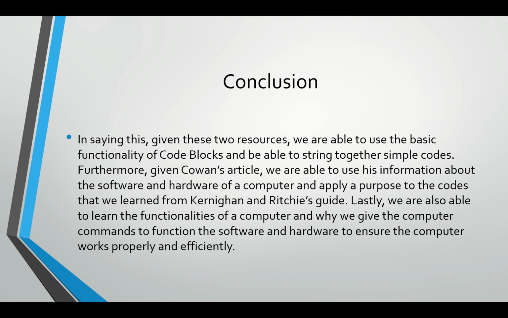We're also able to learn the functionalities of a computer and why we give the computer commands to function the software and hardware to ensure the computer works properly and efficiently. Again, it's finding the purpose as a coder. So you are given your strings of code, but if you have strings of code without a purpose, then what's the point of coding? So essentially, given these two sources, they work hand in hand.